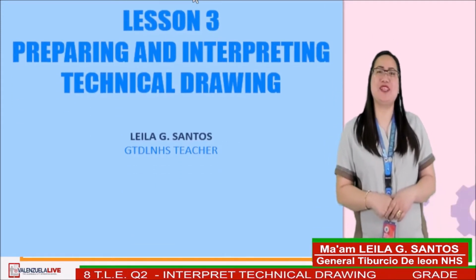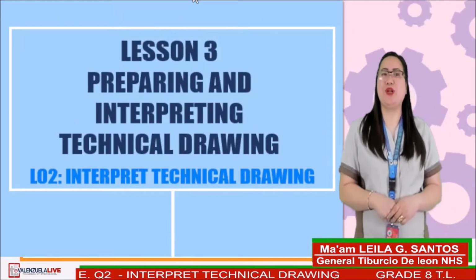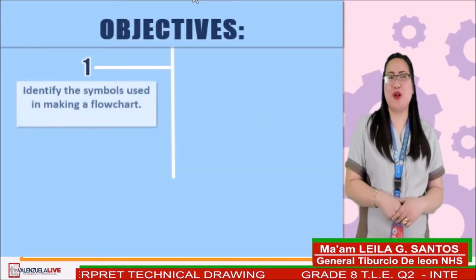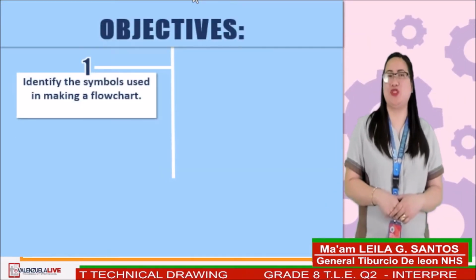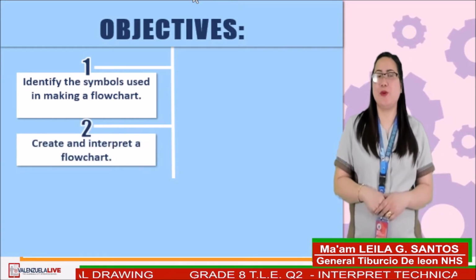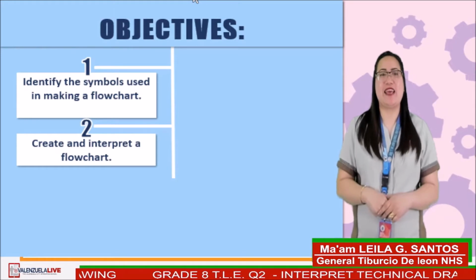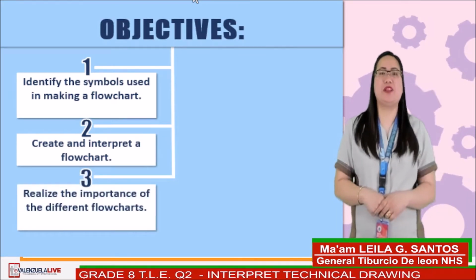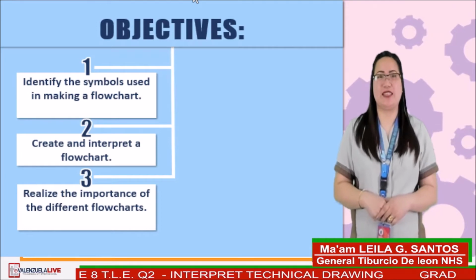At the end of the session, you should be able to, number 1, identify the symbols used in making a flowchart. Number 2, create and interpret a flowchart. And number 3, realize the importance of the different flowcharts.